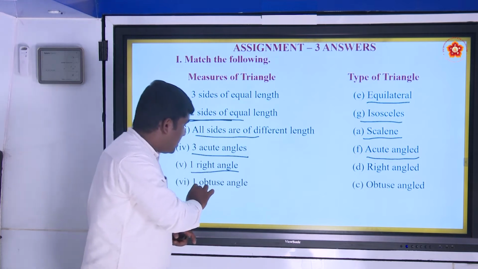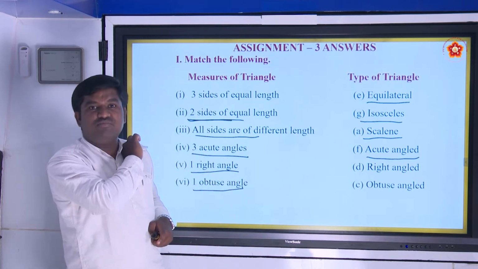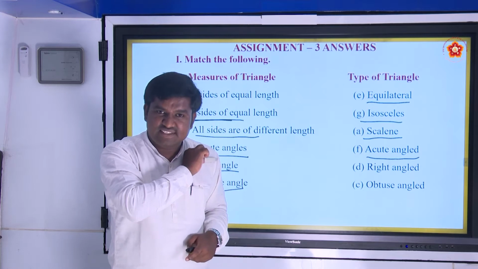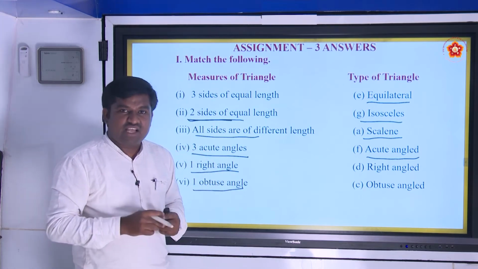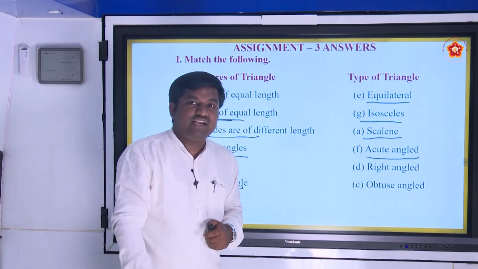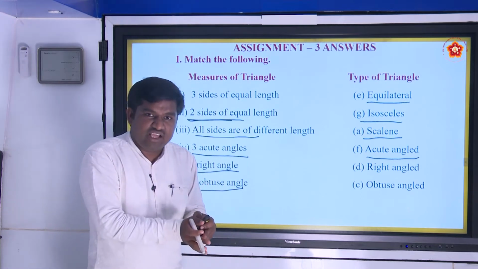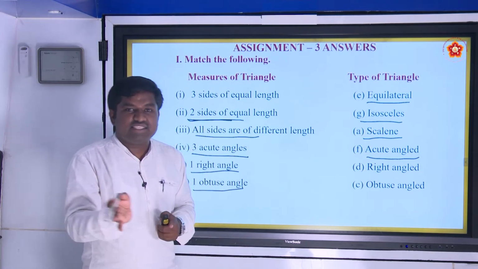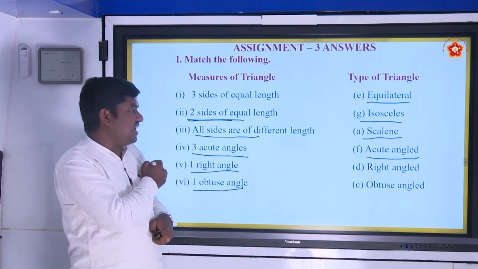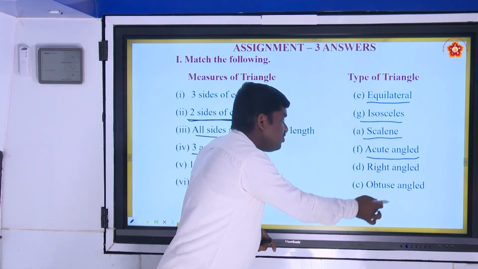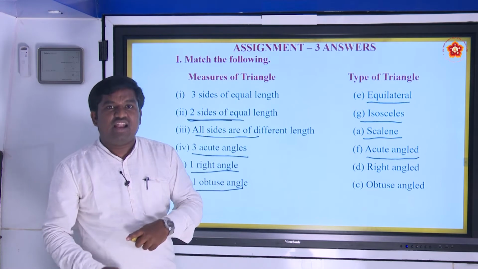Next one, obtuse angle. An obtuse angle is an angle which is greater than 90 degrees and less than 180 degrees, or greater than a right angle and less than a straight angle. That is called an obtuse angled triangle.